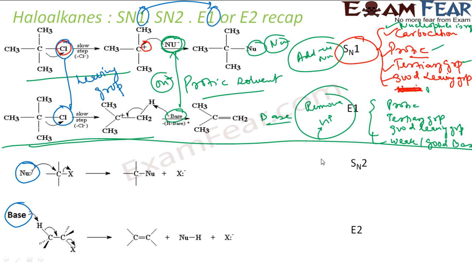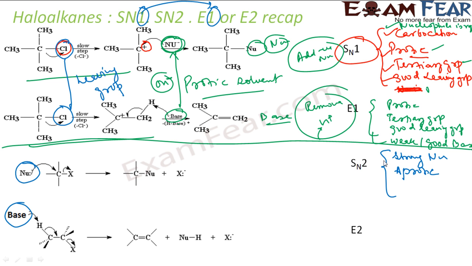So if I'm talking about the SN2 reaction, my nucleophile has to be strong. If I want to make my nucleophile all the more stronger, I will need an aprotic solvent, because if it is a protic solvent, the protic solvent itself will react with the nucleophile and make the nucleophile weak.